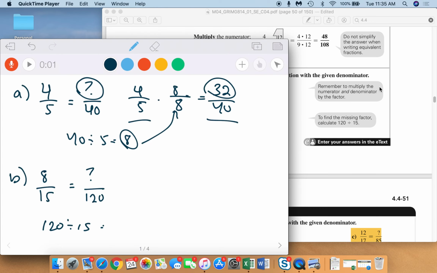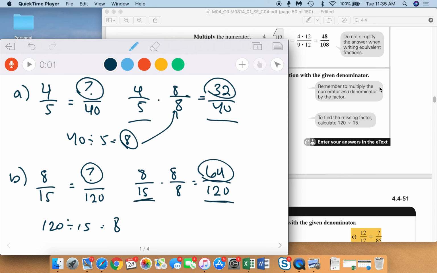That equals 8. Ironically, our factor is 8 again. So 8 over 15 times 8 over 8, 8 times 8 is 64 over 120. So the question mark is 64. That means 8/15 and 64/120 are equivalent fractions.